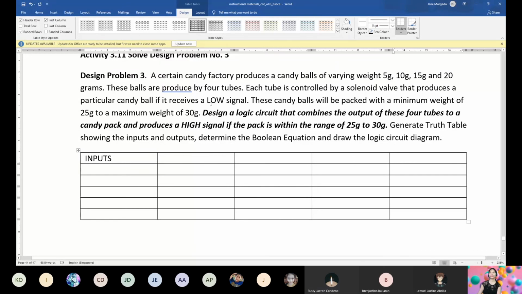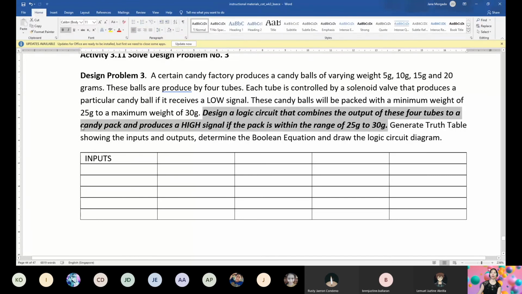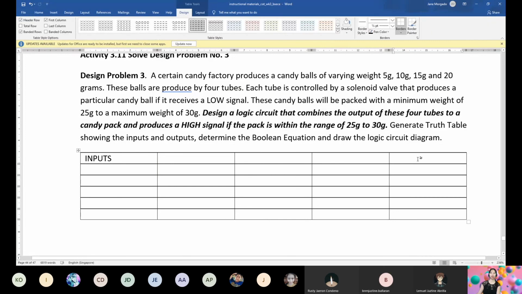Design a logic circuit that combines the output of these 4 tubes to a candy pack and produces a high signal if the pack is within the range of 25 to 30 grams. Isa lang output mo.